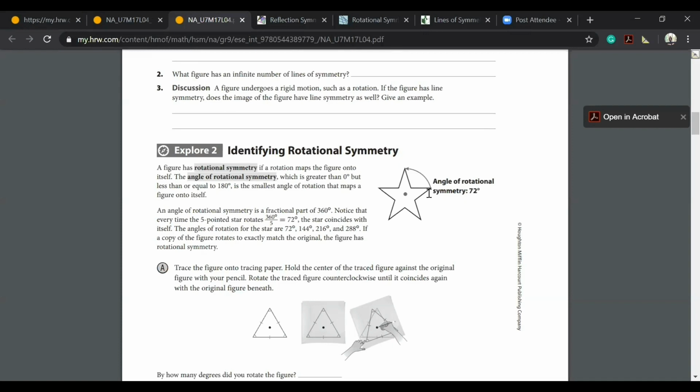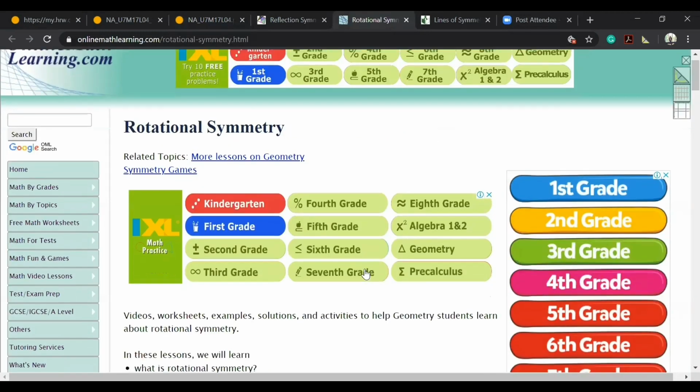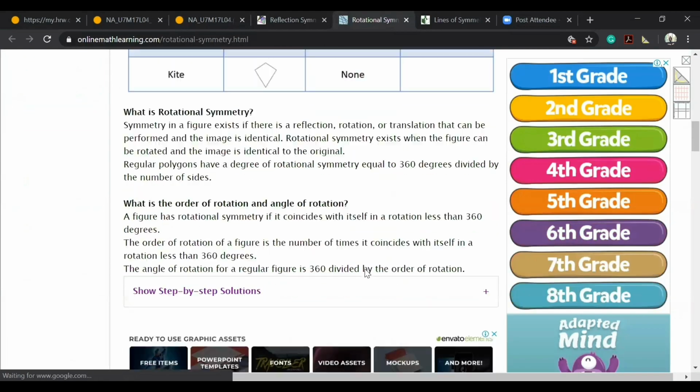Do you think that if I start moving my star, at some angle of rotation, the figure will be the same? I think so, right? Let's try to see an animation for this.